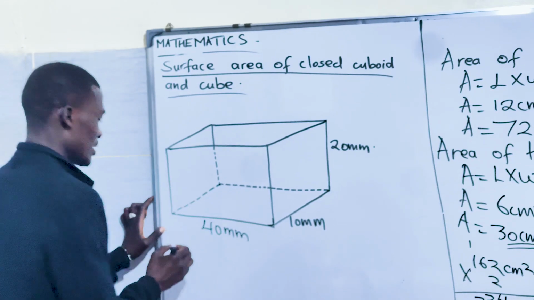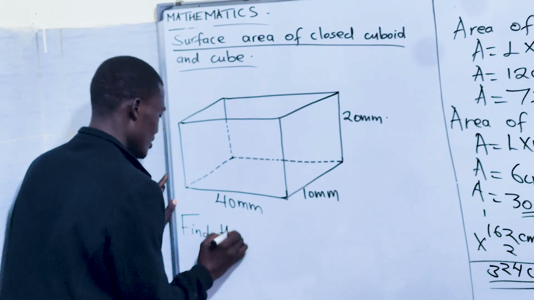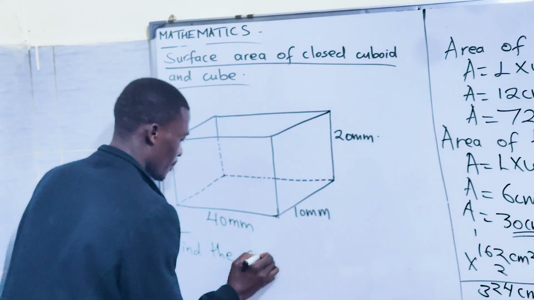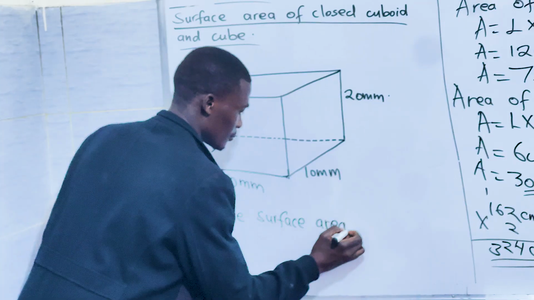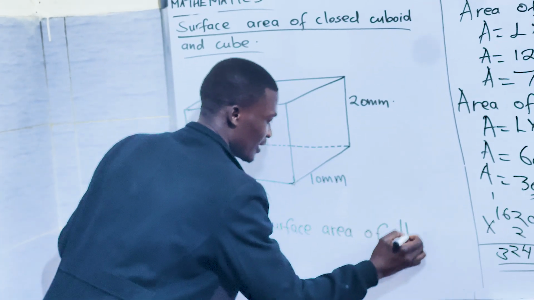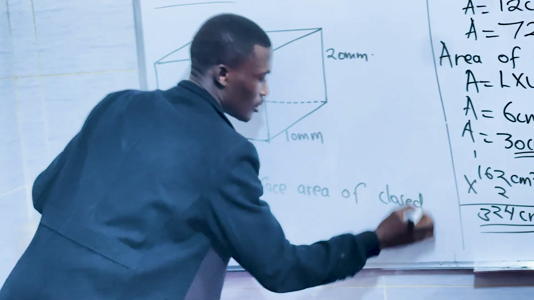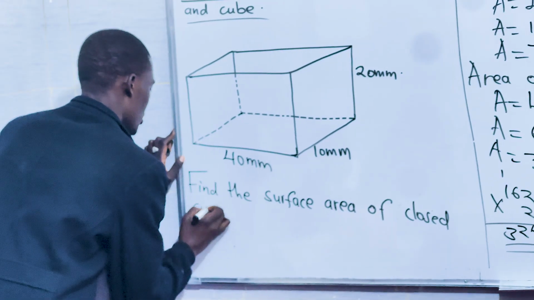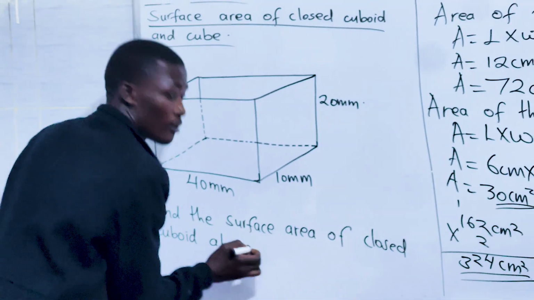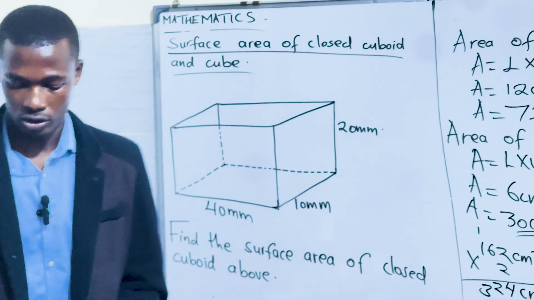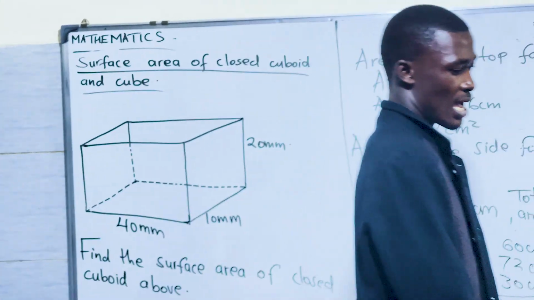The instruction is find the surface area of the figure of the closed cuboid above. Find the total surface area of the closed cuboid above.